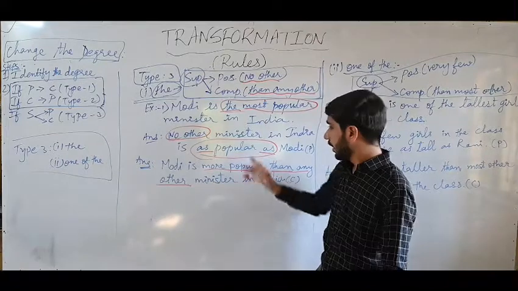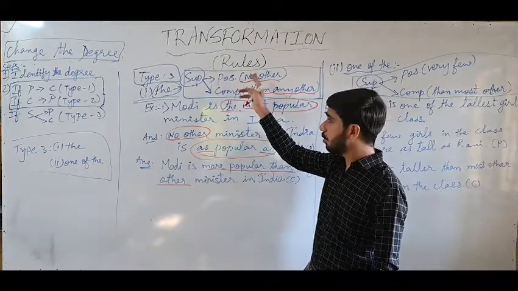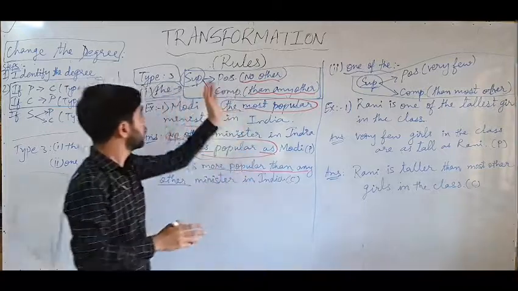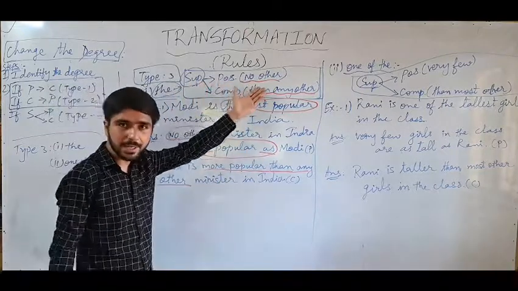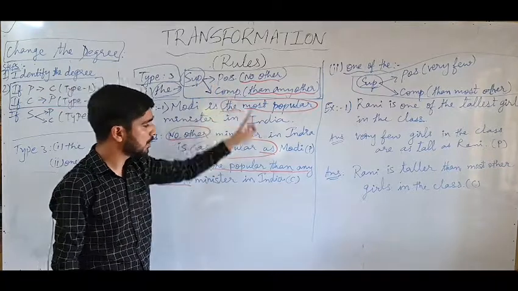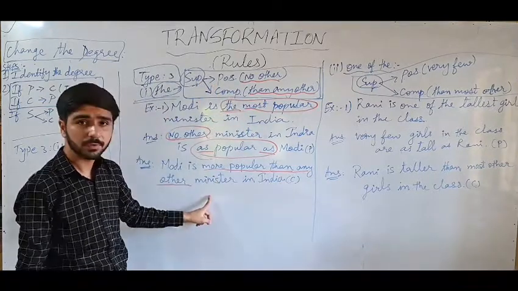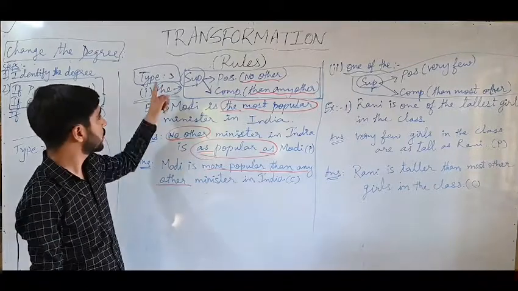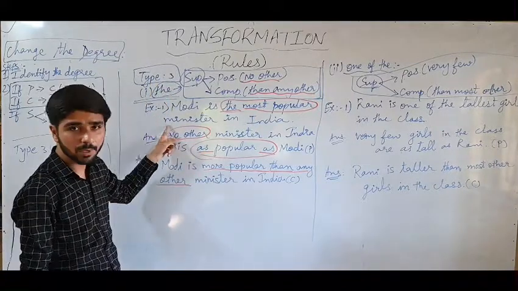Now here, as you can see, I have already changed from superlative to positive and superlative to comparative. Remember these two rules. From superlative to positive, start the answer with "no other", and from superlative to comparative, use "than any other". So I hope these two sentences are clear. The answer is clear to you. So this was type 3 rule number 1.